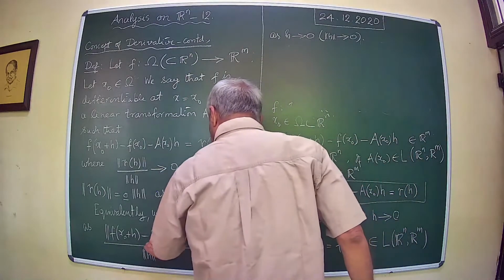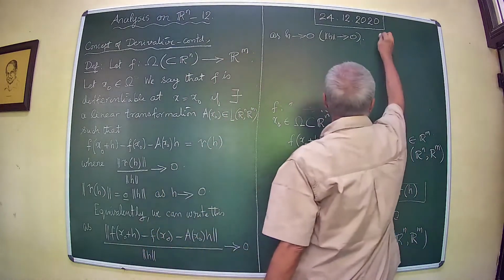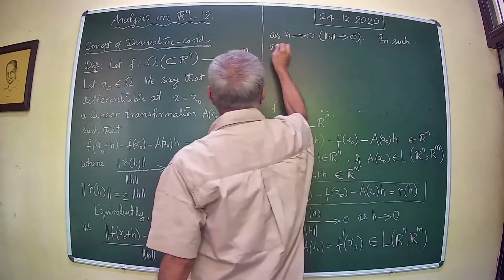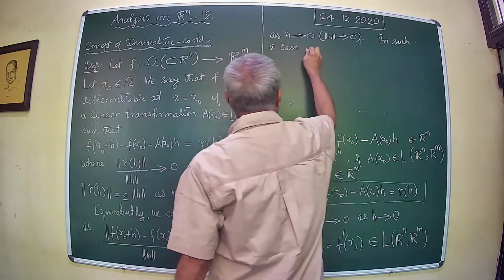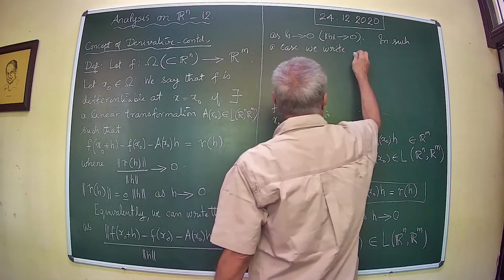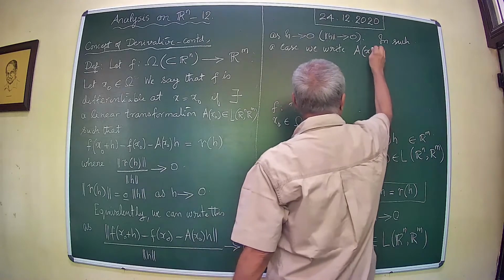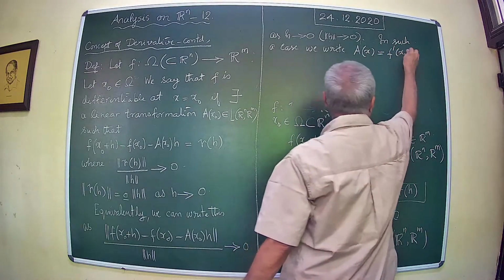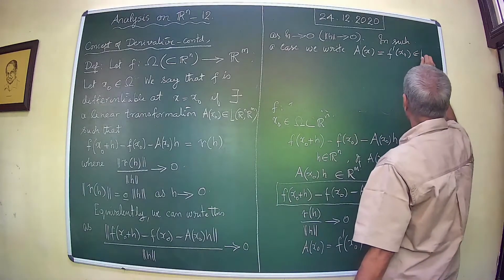In that case, we write A x naught to be equal to f prime at x naught, which belongs to L(R^n, R^n).